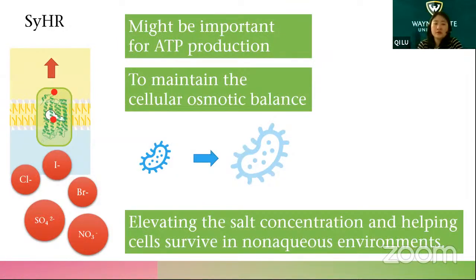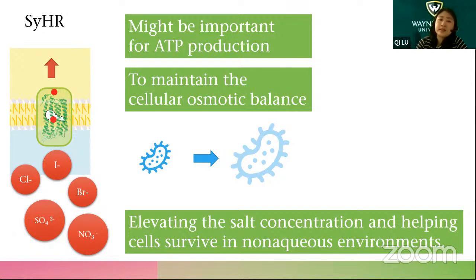The author of this chapter provided several hypotheses. Maybe it's important for ATP production in some bacteria, but in other bacteria it also has this function, though it's not really important for energy production, because some other microbes have a function like photosynthesis in plants.